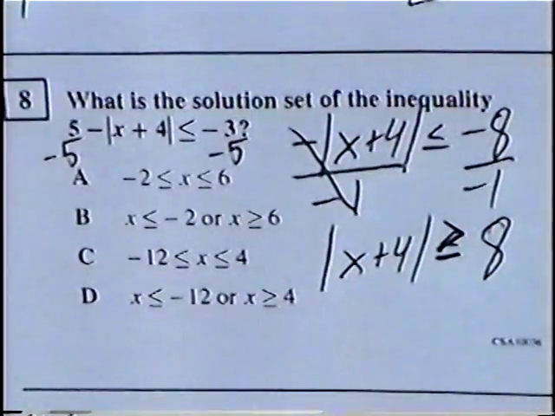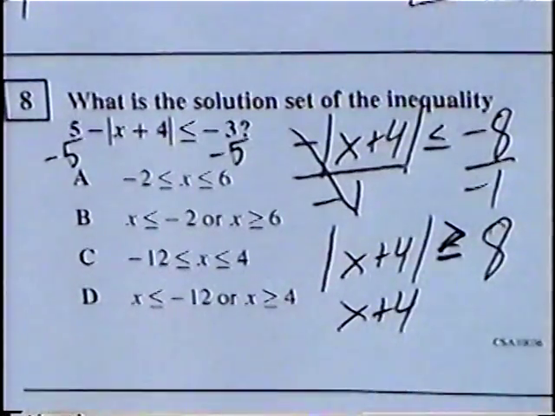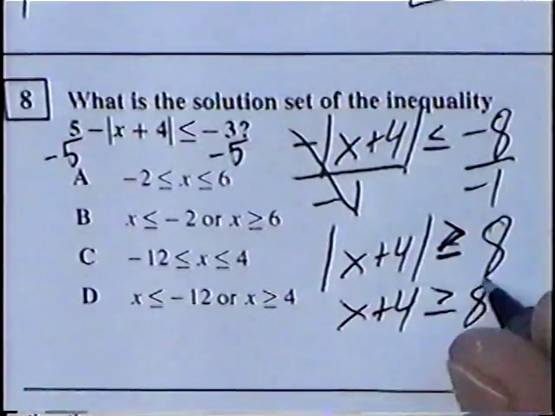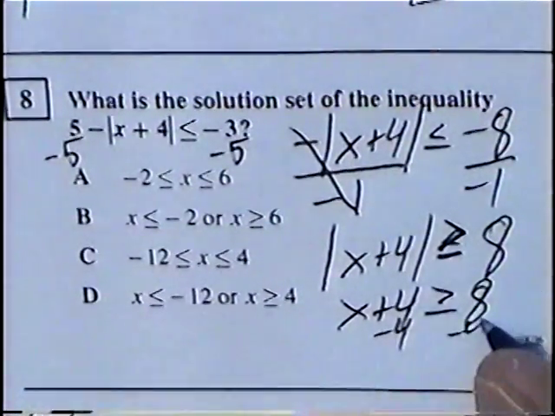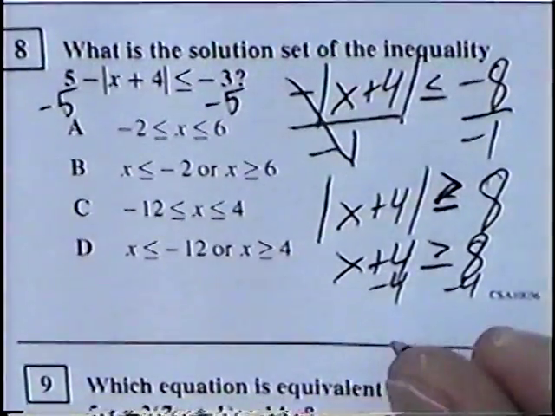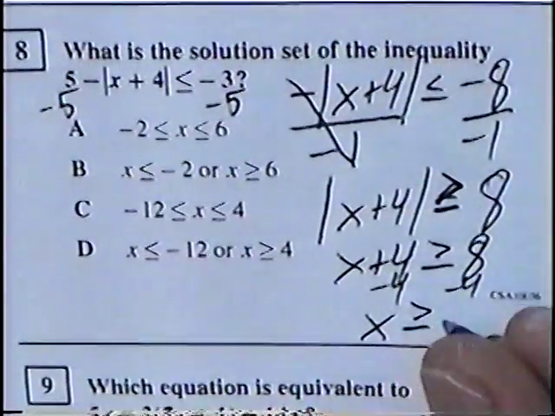To solve, we can take the absolute value signs off. x plus 4 is greater than or equal to 8. Subtracting 4 on both sides, we'll have the first answer of x is greater than or equal to positive 4.